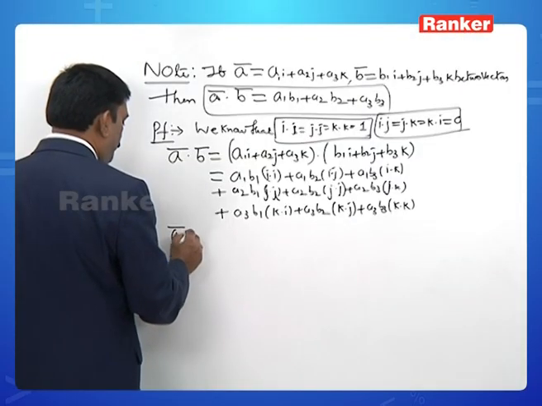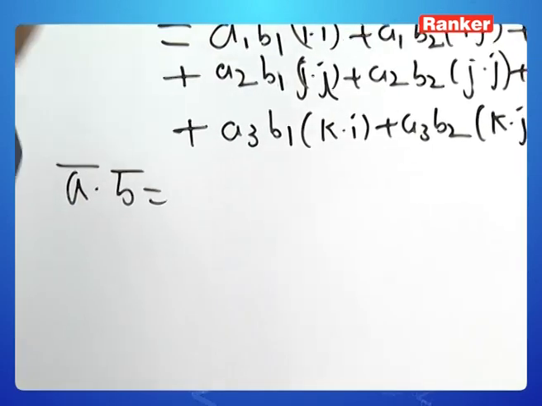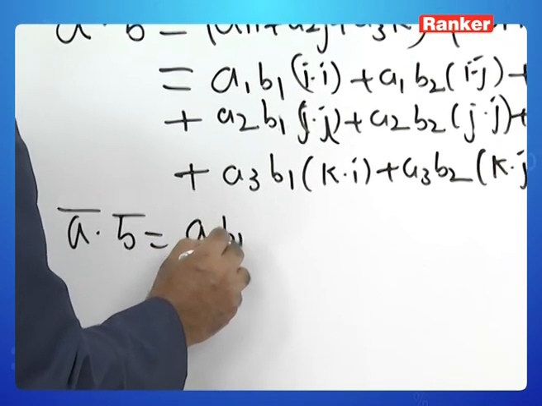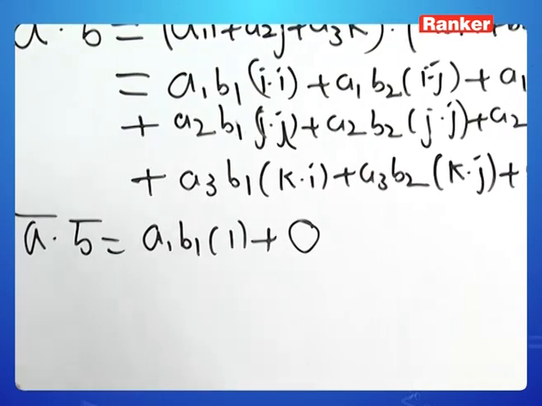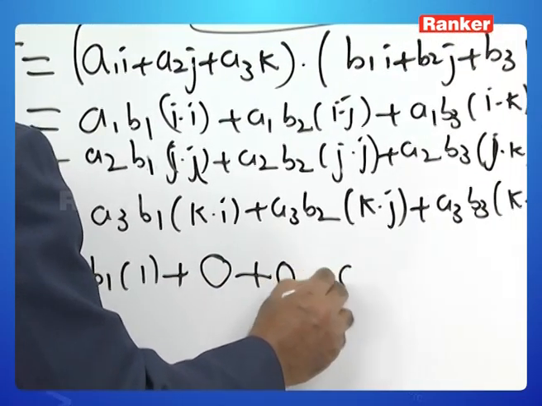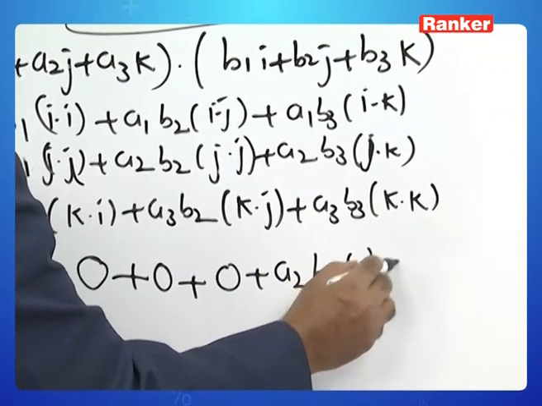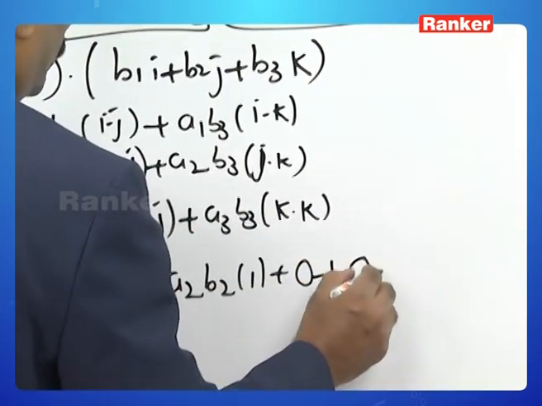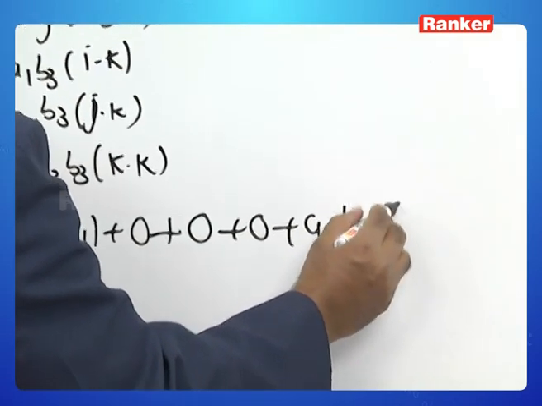Therefore, A bar dot B bar can be written as A1 B1 into 1, this is 0, this is also 0, A2 B2 into 1 plus 0, here 0, here 0, A3 B3 into 1.